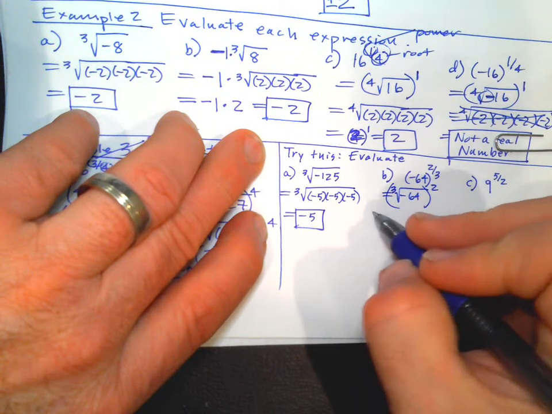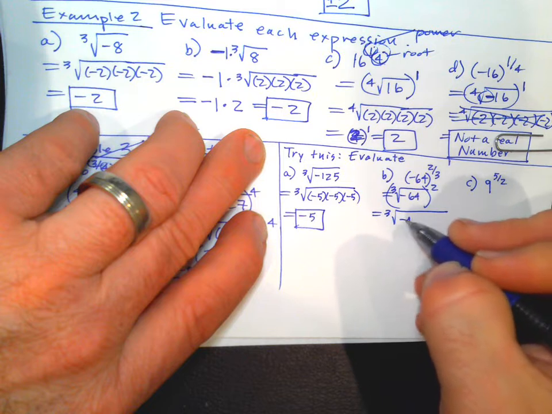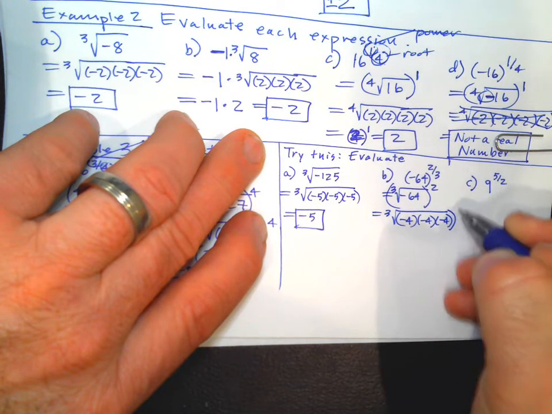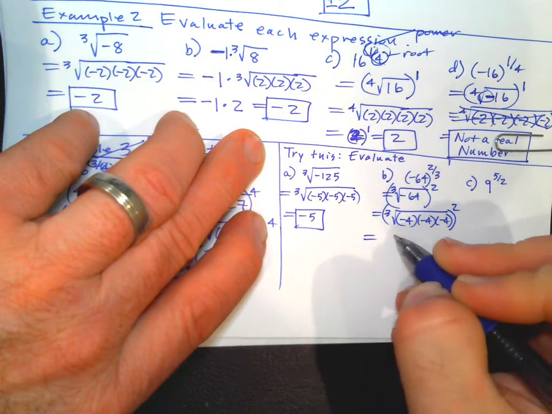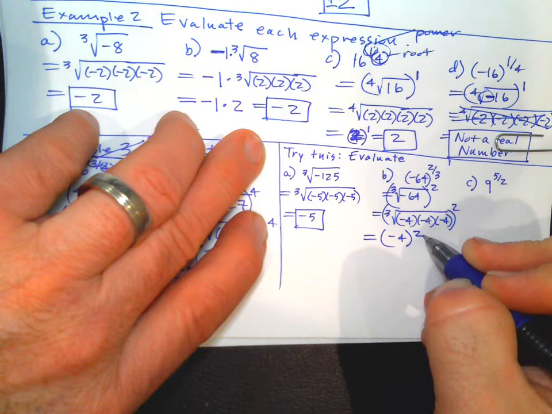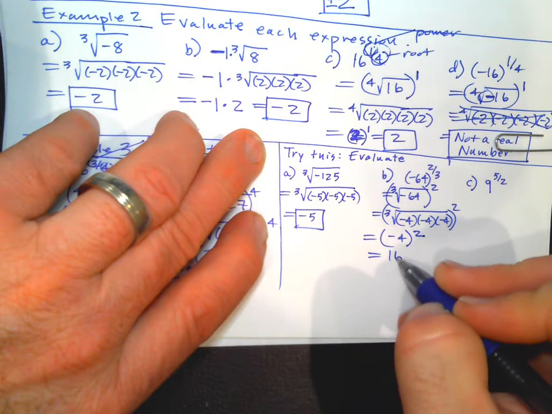So cube root. What do you multiply times itself 3 times? I think it's going to be negative 4, right? Negative 4 times negative 4 times negative 4. So it's going to be negative 4. And then you're going to square it. And it's going to give you 16. Positive 16.